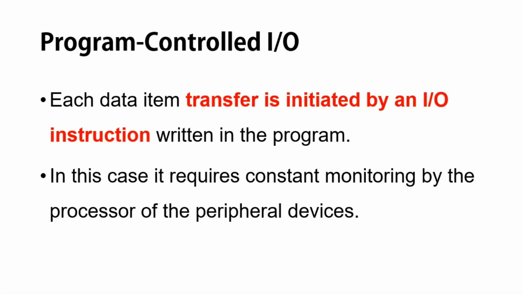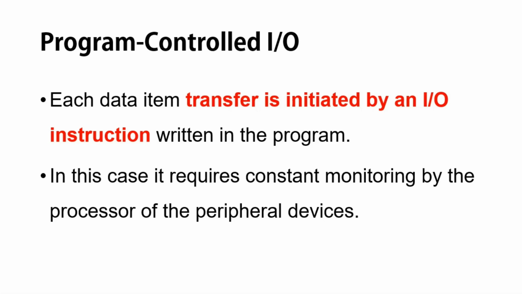Program controlled I/O. What is program controlled I/O? When a programmer writes a program, he explicitly mentions instructions related to input or output. When a programmer wants processor to read keyboard data, he writes instruction for input.